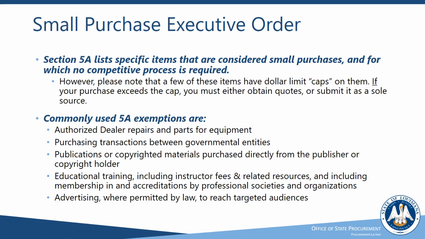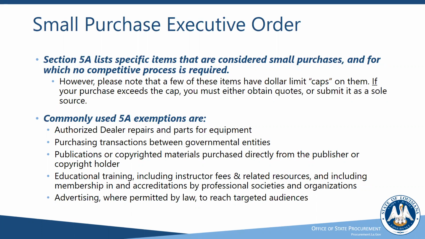These are just some of the most common. There's a list of 32 total exemptions under 5A of the executive order, and it's important to keep in mind that your agency's DPA still applies even when you are purchasing an exempt product or service under the executive order.